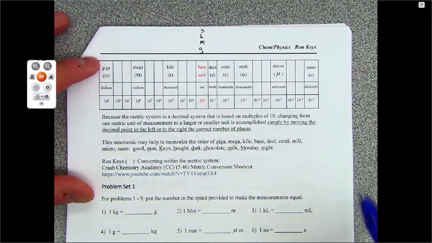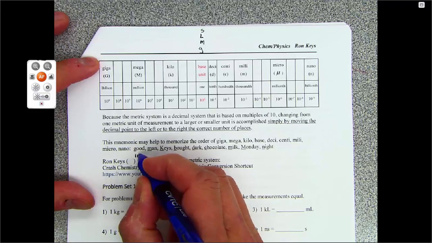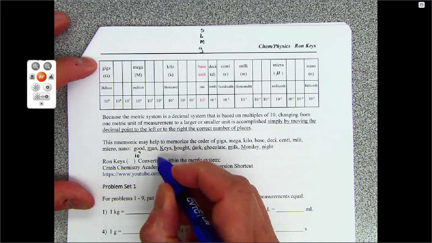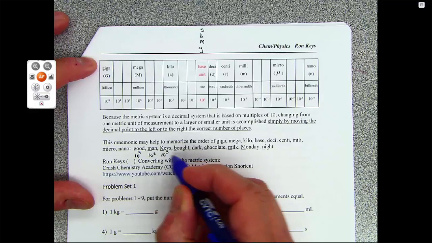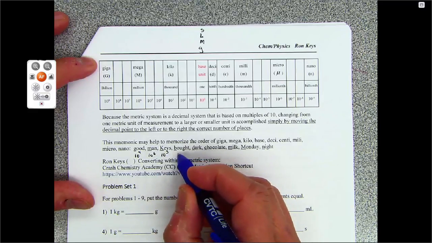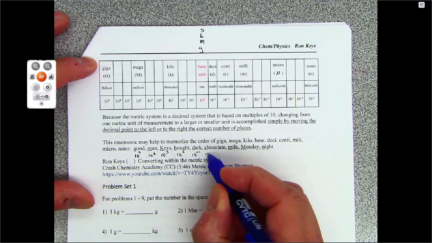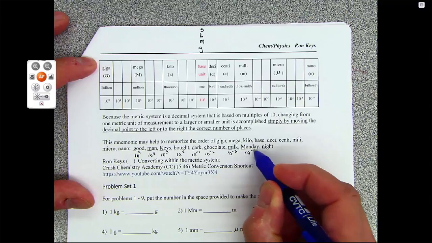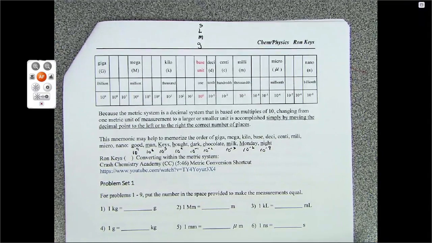You could do that, and then you can go down: 10 to the 9th, 10 to the 6th, 10 to the 3rd, 10 to the 0, 10 to the -1, 10 to the -2, 10 to the -3, 10 to the -6, 10 to the -9. There's some way you can memorize that.